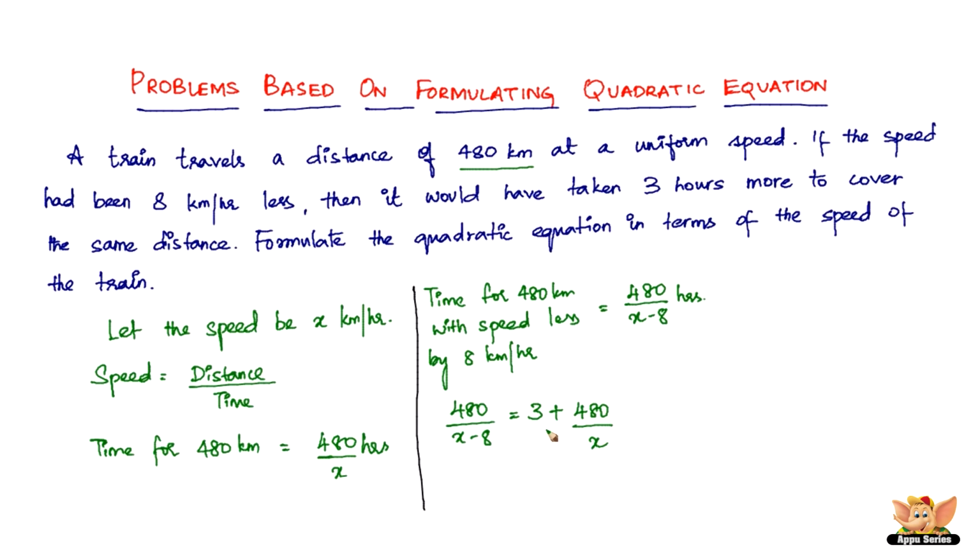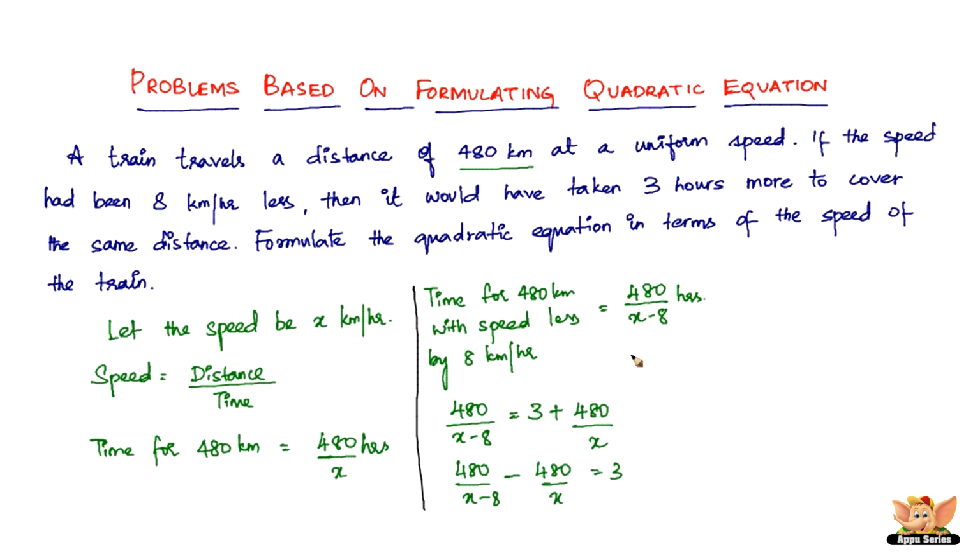Once you've got this equation, it's all about basic mathematical operations. From here on it is simple calculation. We have 480 divided by x minus 8. Let's take the 480 by x to this side, so it becomes 480 by x minus 8 minus 480 by x equals 3.